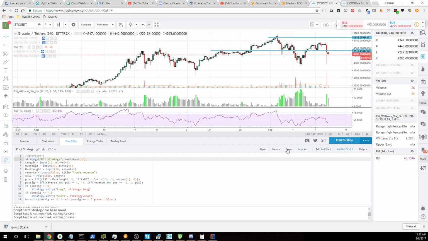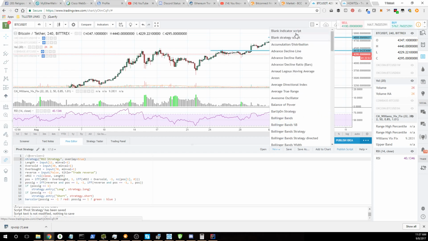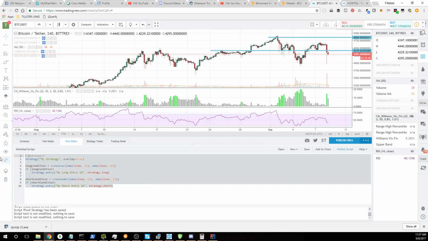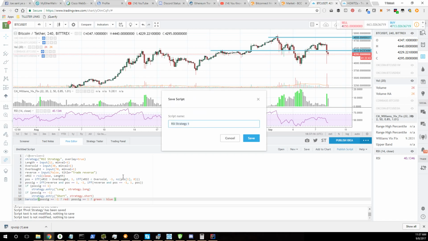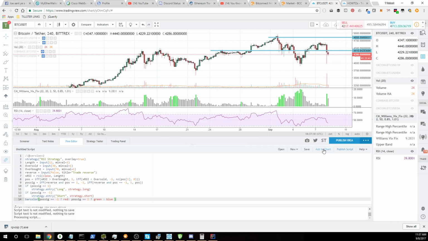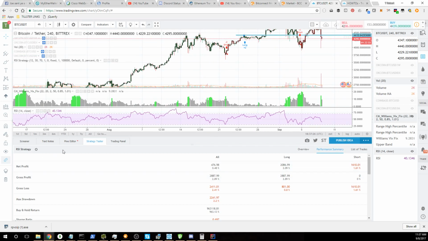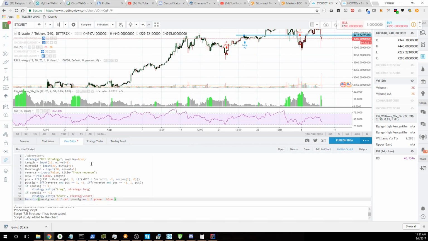We're going to save, let's do new, blank strategy script. There it goes. I don't know what I was doing wrong before. Going back to the code, it's the code we just wrote, and I somehow screwed it up.